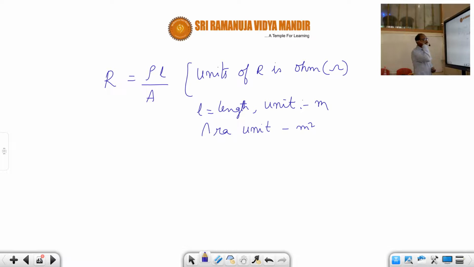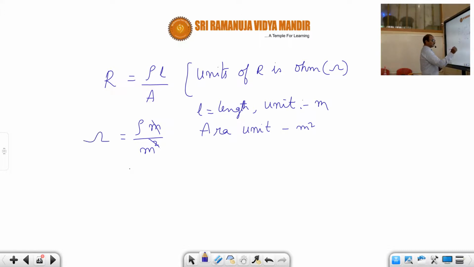Substitute all those units in the given equation. The resistance is ohm. Resistivity we don't know. Length unit is meter divided by area unit meter square. So this meter and this meter get cancelled.